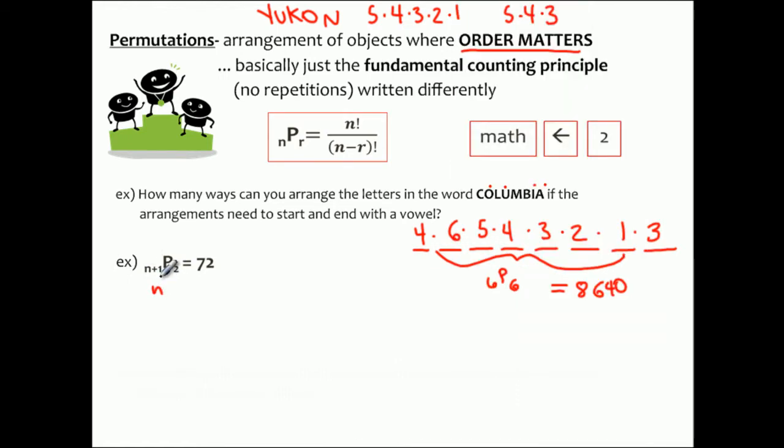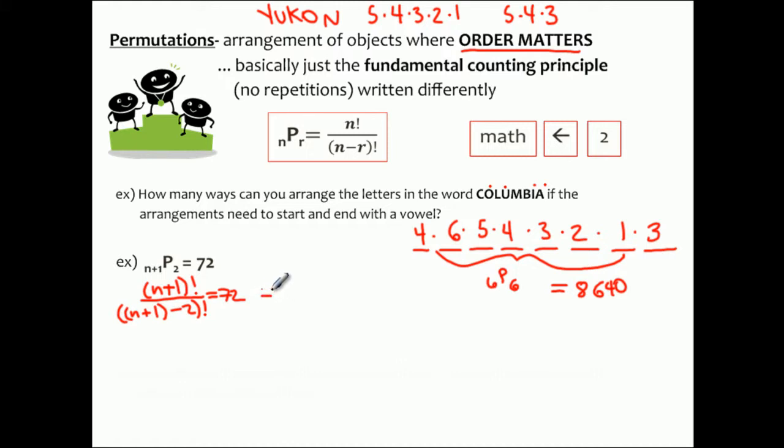Everywhere where we have an n in the formula, we need to substitute in an n plus 1. We have n plus 1 factorial, and then anywhere we see an n in this formula, we need to put in an n plus 1. And then for r, we have a 2, so minus 2 will go on the bottom here. Factorial, it's 72.